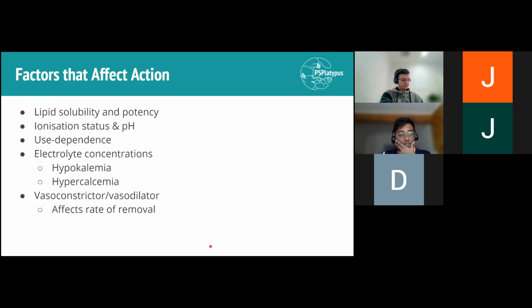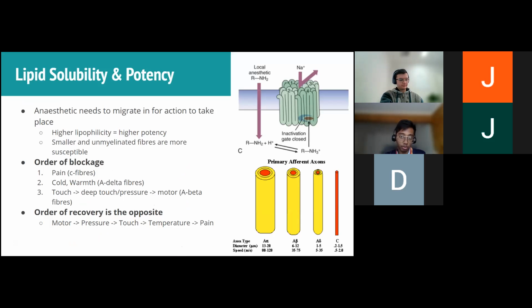Now, there's a bunch of different factors that affect the action of these local anesthetics, and we're going to talk about them in a second. We first start off with lipid solubility and potency. We just talked about how the anesthetic needs to migrate inwards through the cell membrane, and in order for this to happen, it needs to use its lipophilic abilities, because it needs to dissolve through.